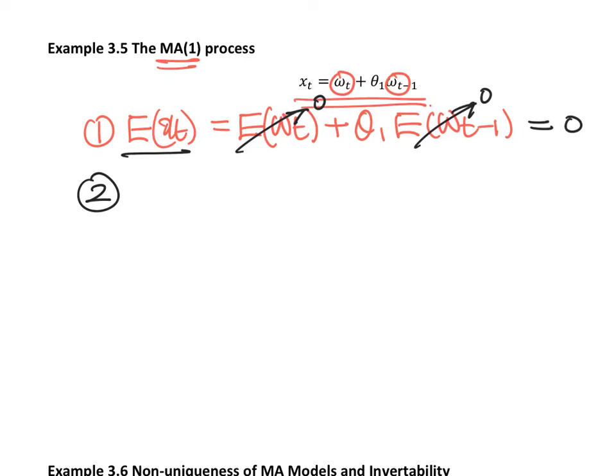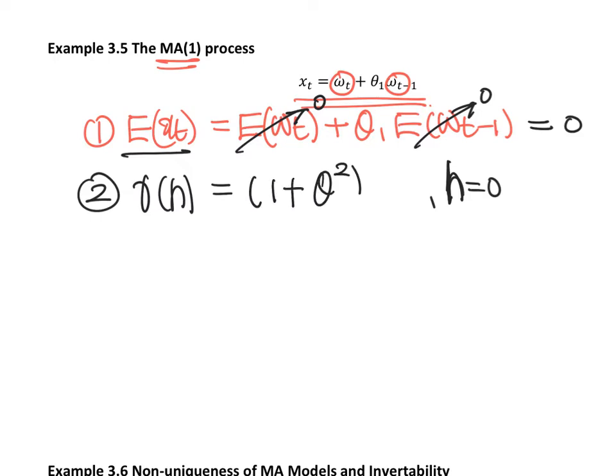And we had gamma h. Can you remember the notation of gamma? It was the autocovariance. When h equals 0, that means it will be exactly the same as the variance. So the variance at time t, when h equals 0, is itself, it was 1 plus theta square times sigma square for MA1.